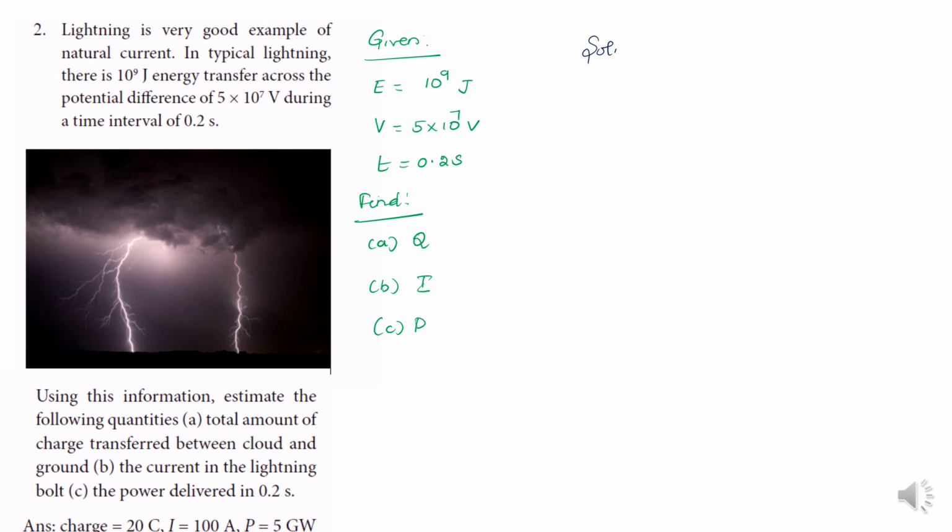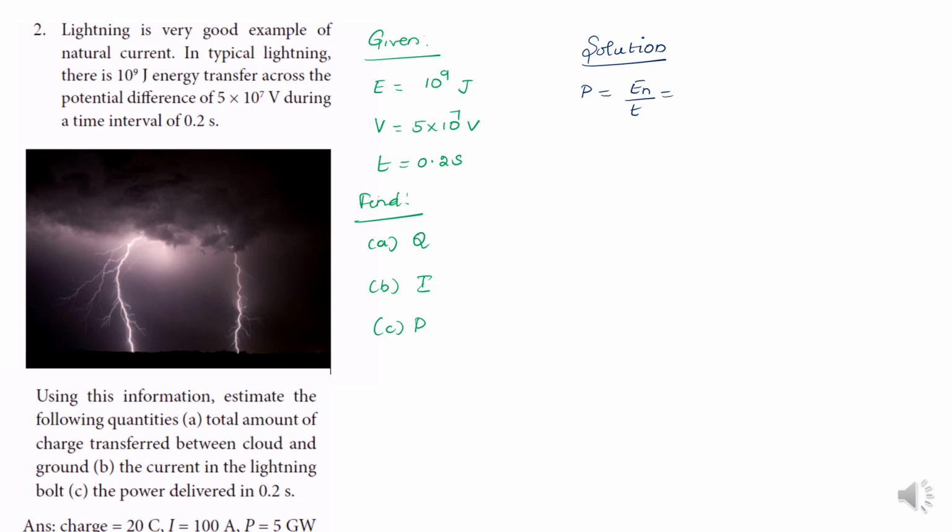So we'll start with the direct formula. Power is equal to rate of doing work or energy with respect to time. So E by T, where E is energy.